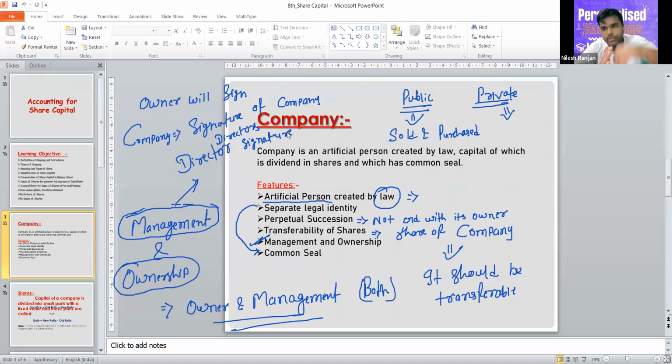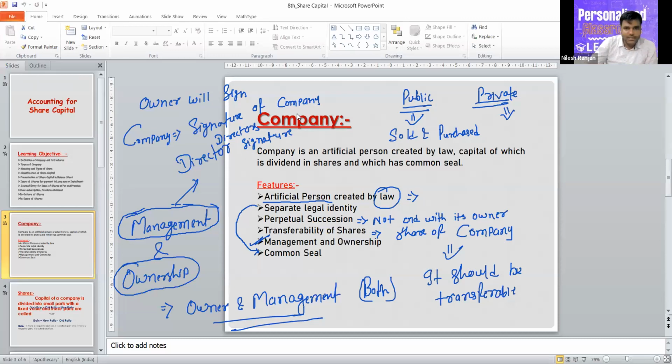You place the document in this gap, and then press the iron, and there will be a mark, not ink. You get a mark on the document. So this is the common seal.